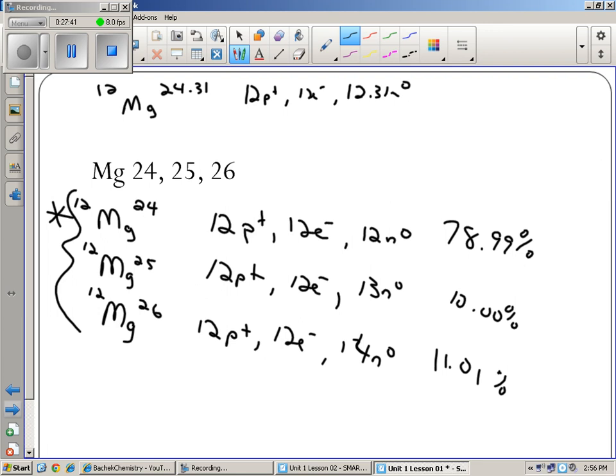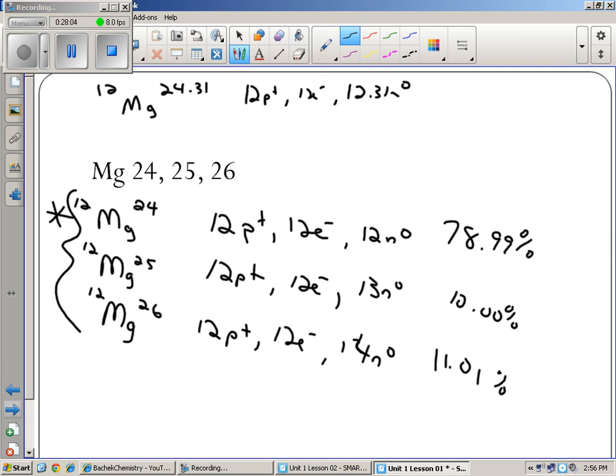That's the important thing. The most common one is the one that has the most abundance. The most common one is the one that you find on your periodic table. Magnesium's 24.31, round that up or down. It's magnesium 24.